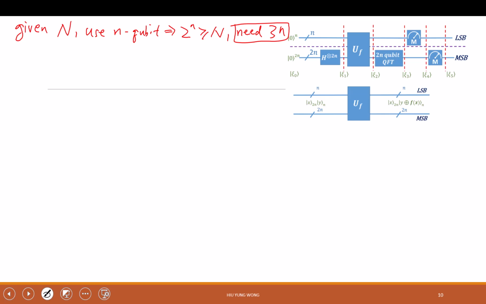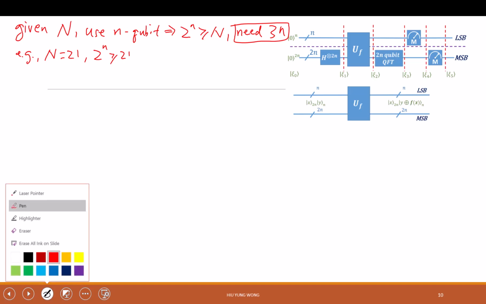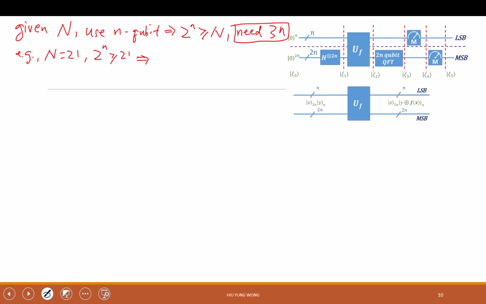For example, say capital N equals 21. Then what should small n be in that case? 2 to the power n larger or equal to 21. How should we pick n? n equals 5. Thank you.